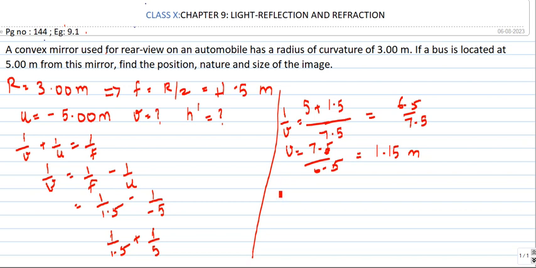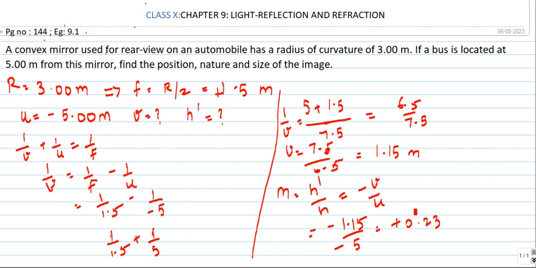Now we have to find h dash. m is equal to h dash by h, which is also equal to minus v by u. We have v and u. We have to find out m. So minus 1.15 by minus 5, so we have a plus 0.23.